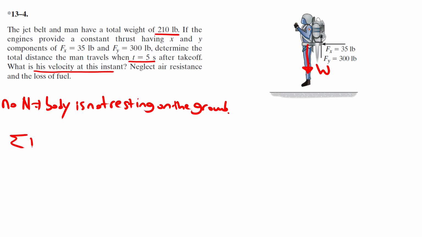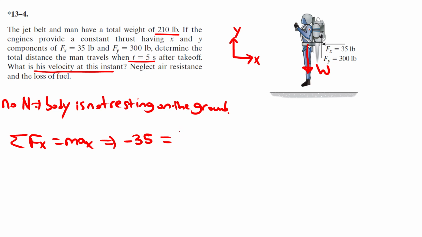With this in mind, let's start. First, the acceleration will be from the forces acting in the x direction. Let me say this is y, and this is x. Then it will be 35, which is in the negative x direction, equal to the mass, which is 200 lb.